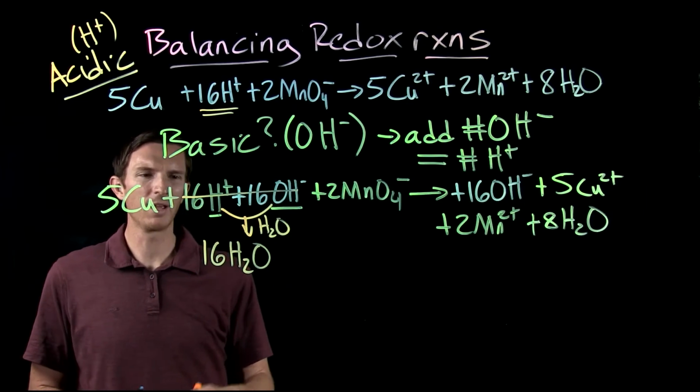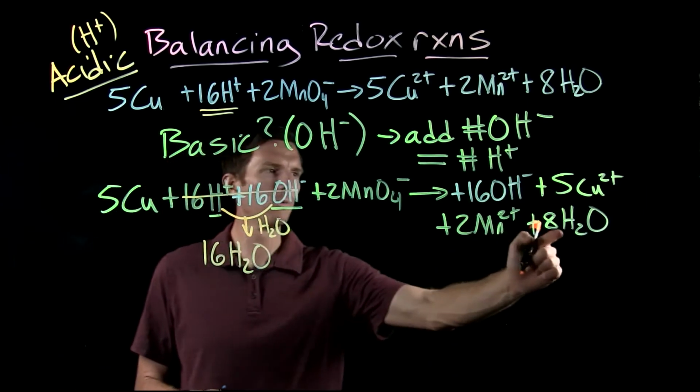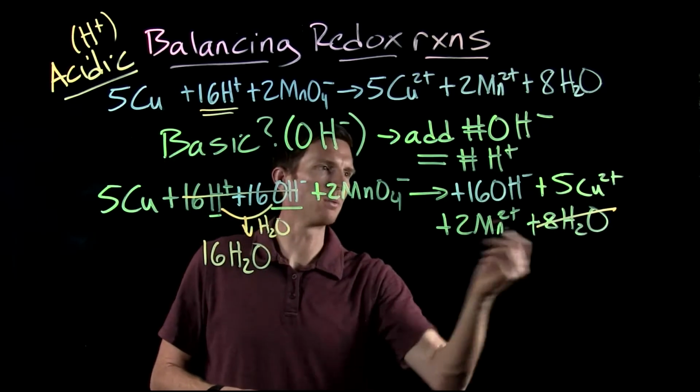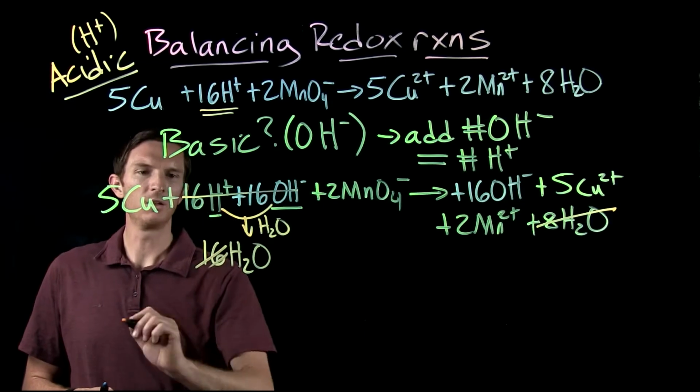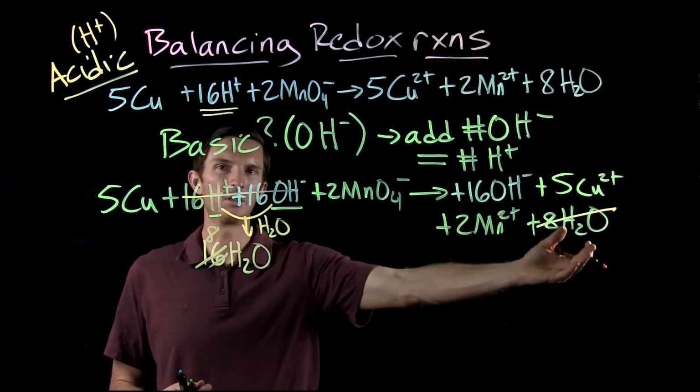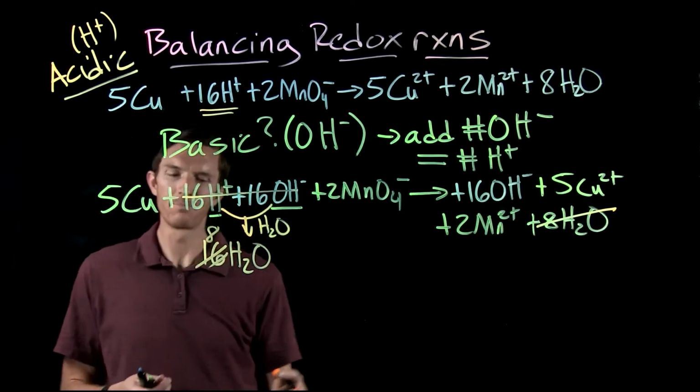Well, we want to finish up by realizing we got water molecules here, we got water molecules here. Let's go ahead and reduce that. Well, we have 8 water molecules there. That is no longer 16 now. That becomes 8. We take 8 of those away, however many we start with. We can just simplify.